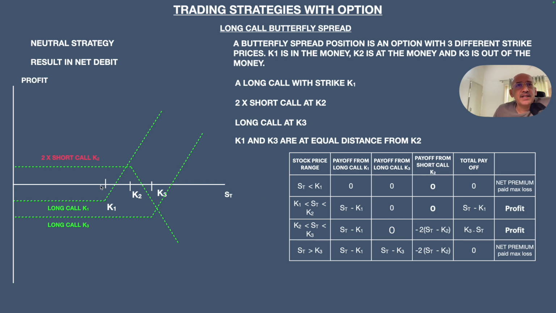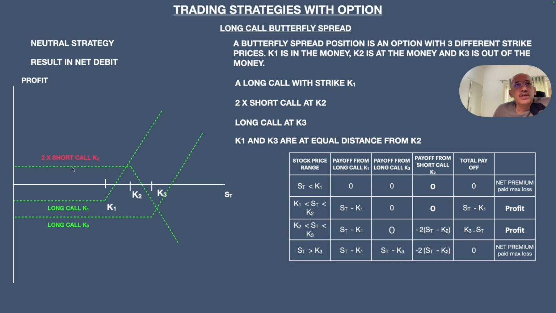Suppose the strike price at the end of the expiration time T, S_T, is less than K1. What happens? Both the long calls will not yield any payout. So long call K1 will be 0 and long call K3 will be 0. Similarly, the short calls will not result in any loss because the value of the strike price is below K2.